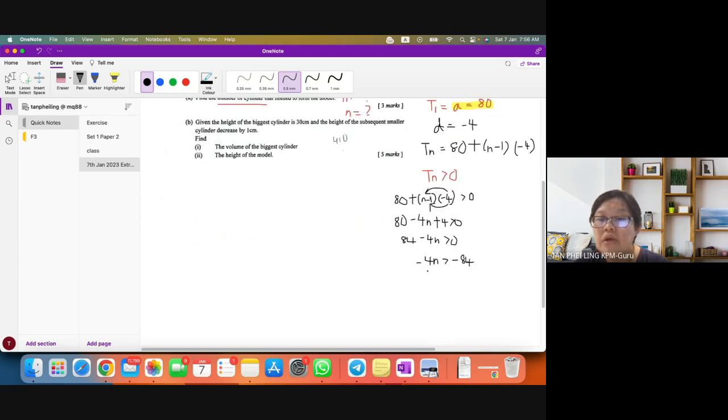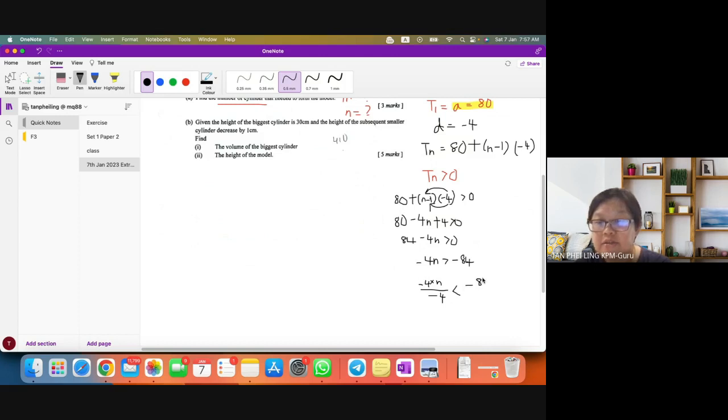But now we don't want the negative 4, we want n only. This is negative 4 times n. So to get rid of it, we need to divide by negative 4. And remember, when you divide or multiply by a negative, you have to change the sign.